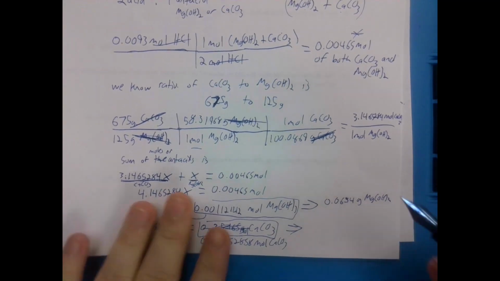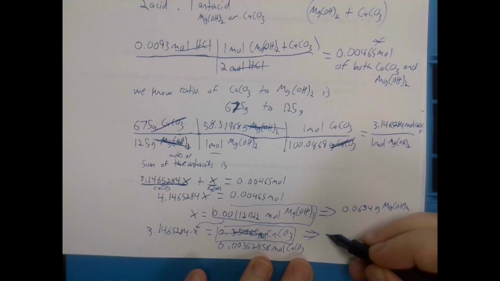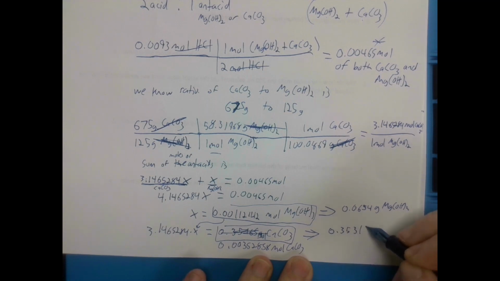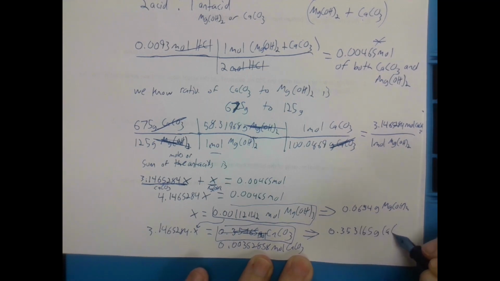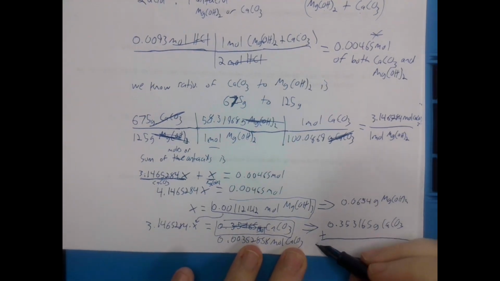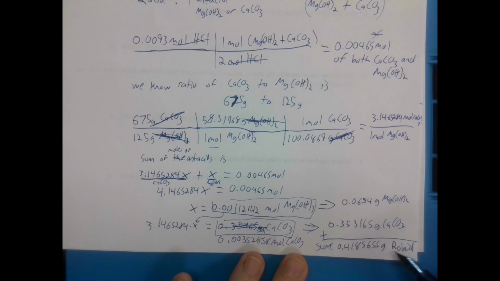Multiplying the moles of calcium carbonate by the conversion factor of 100 grams per mole, I would get 0.353165 grams of calcium carbonate. And if I add them together, the sum is 0.418565 grams. And the sum of them is our Rolaids. So I have this many grams of Rolaids.